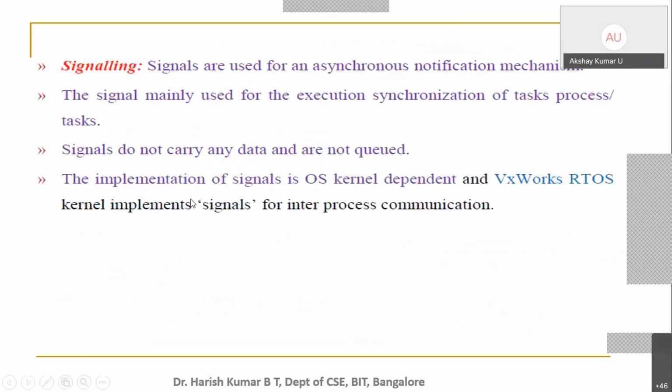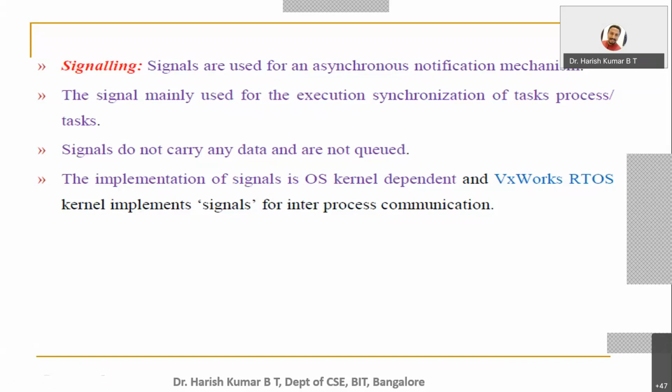Now, signaling is the third technique of the message passing IPC mechanism, and it is used as an asynchronous notification mechanism. Signaling is mainly used for execution synchronization. It is not for exchanging information. Message queues and mailboxes are used for exchanging information, but signaling is not.